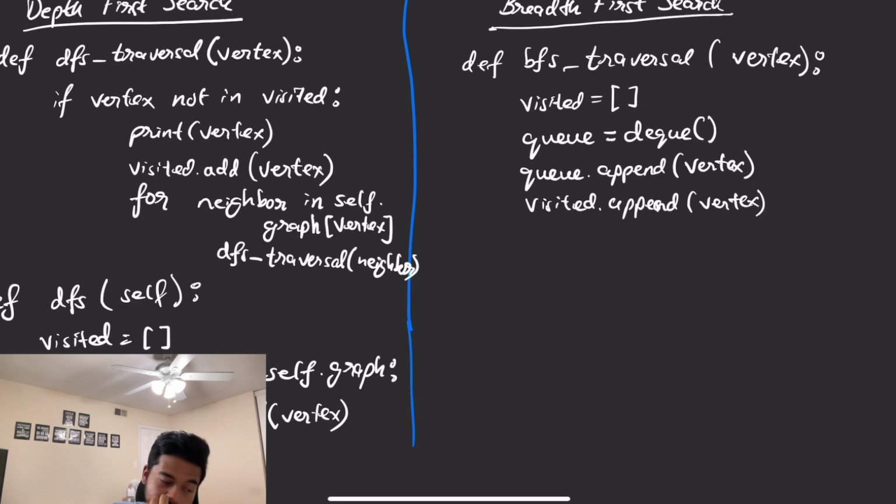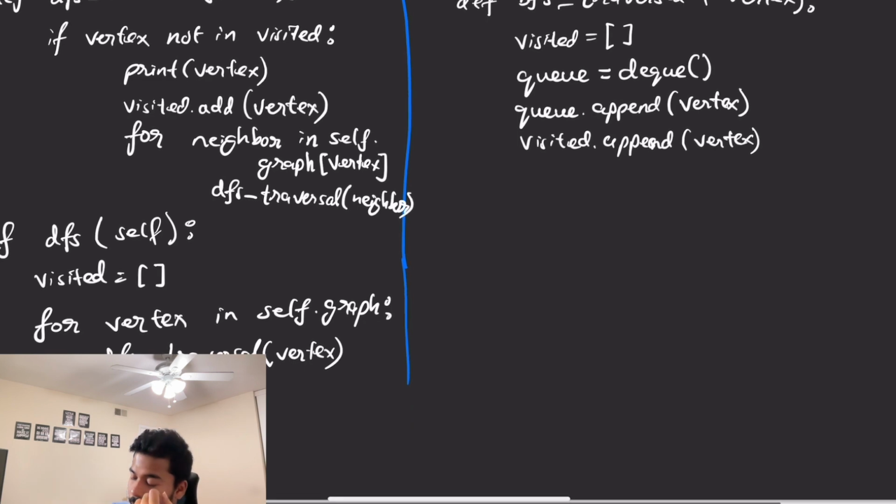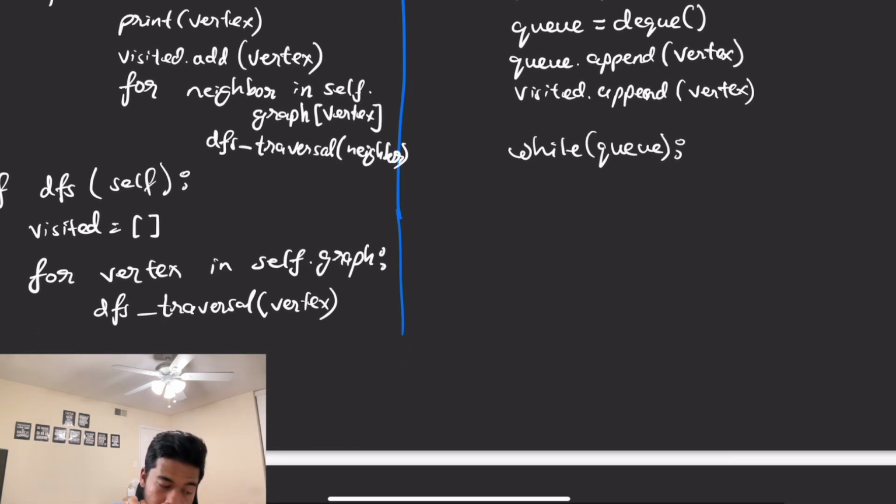But you also add it to visited, and then what you would do is while queue. So here the queue does the same thing the recursion stack did for you in DFS. So while you have something to explore next, you would take that element. The way you would take an element from a queue is you would just pop it off the queue, right?